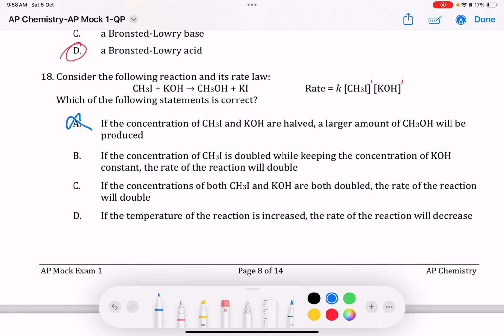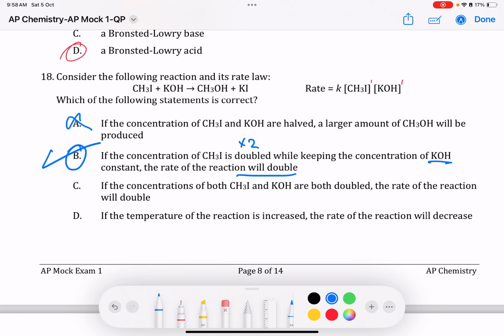So not A. If the concentration of CH3I is doubled, keeping the concentration of KOH constant, so if first order doubled, then the rate will double. So this is correct.